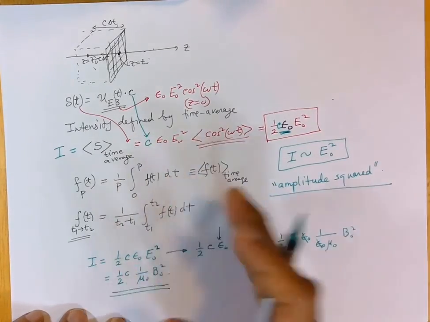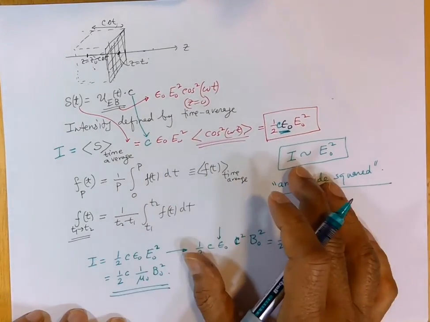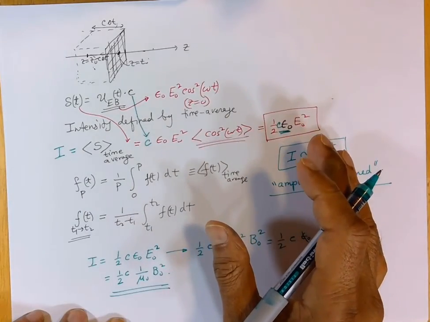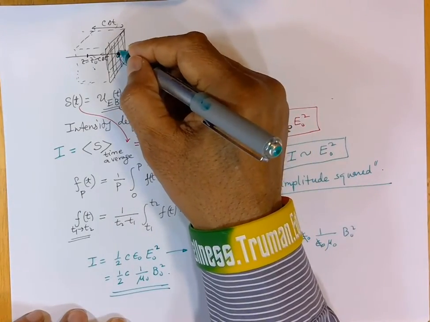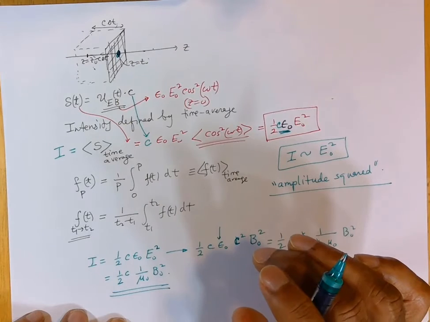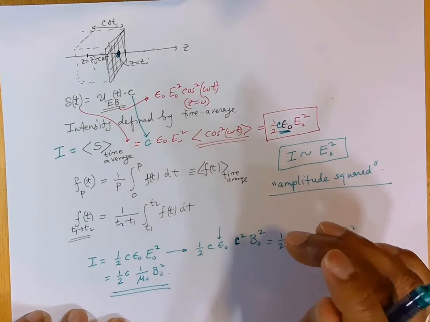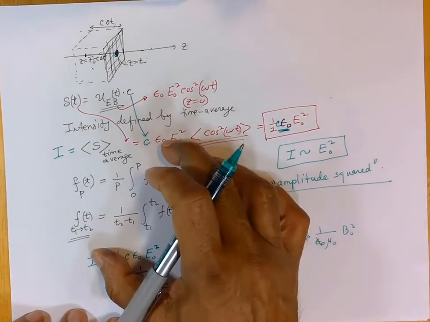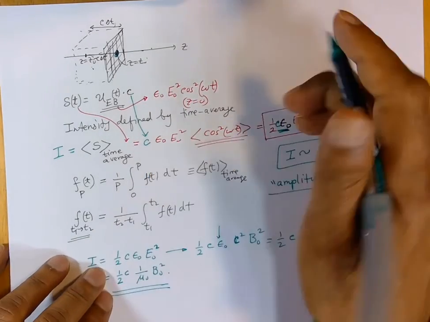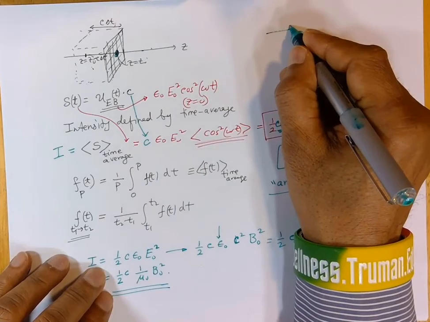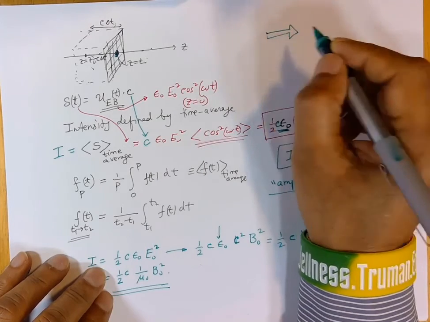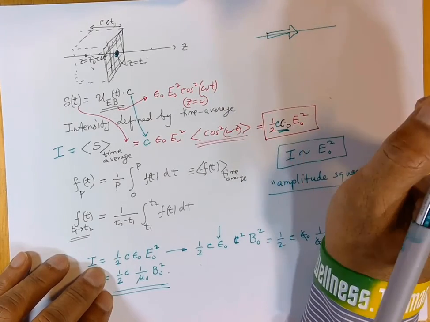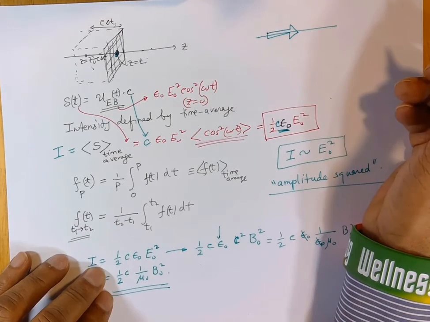Intensity does not give you direction, right? It just tells me how much energy is flowing past a certain area per unit time. You would like to actually write something which captures the intensity, right? You want to be able to say, hey, it's flowing in this direction and has this intensity.